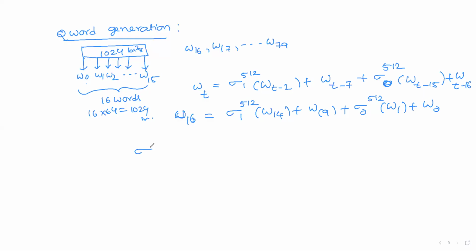So you observe, same like the previous case, here we have sigma 0 on some operand x.